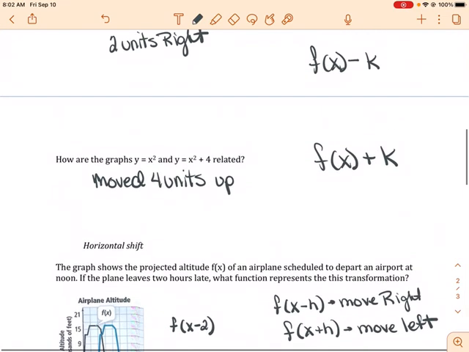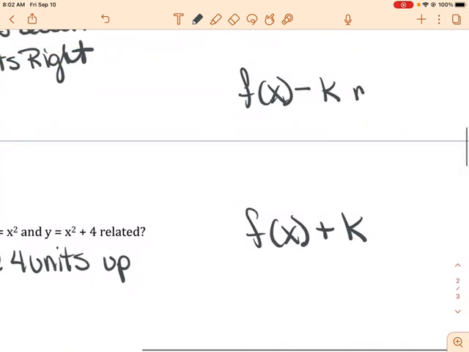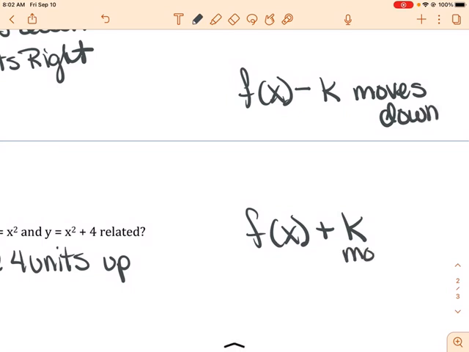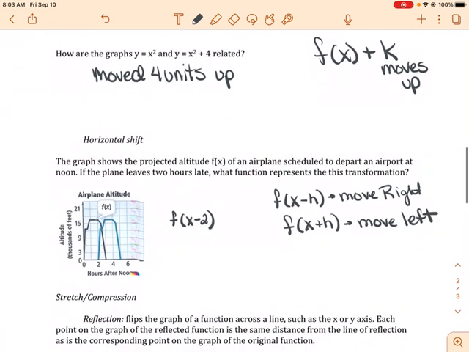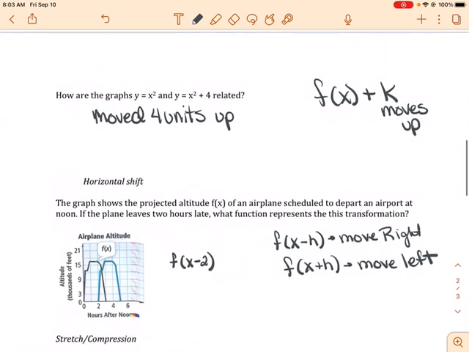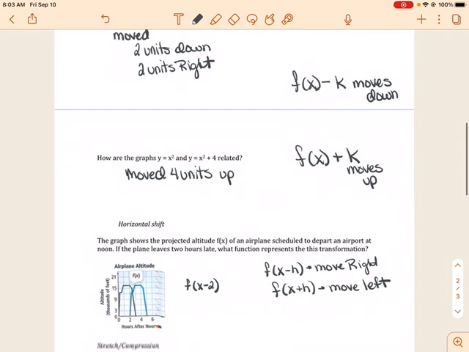Oh, by the way, this one moves down, and this one moves up. All right, now that is our shifts. We're going to move either up, down, or left, right.